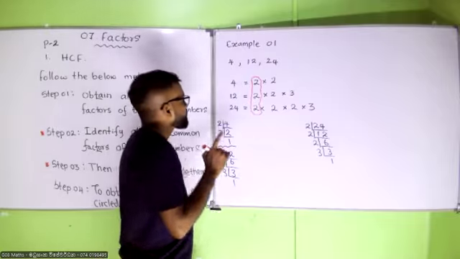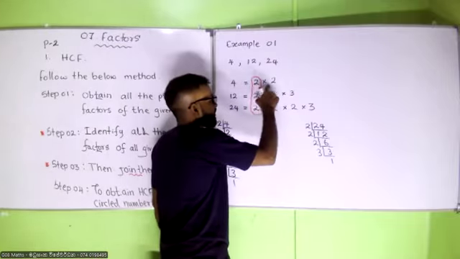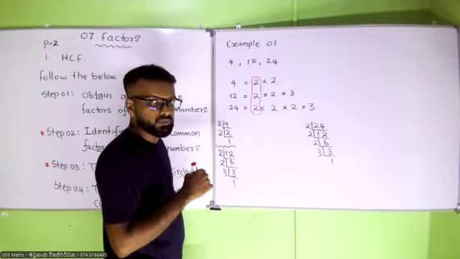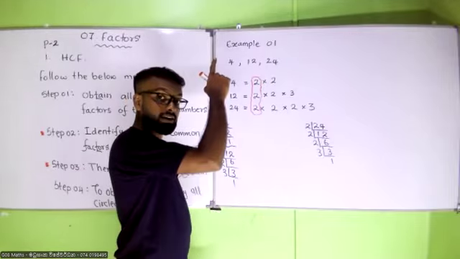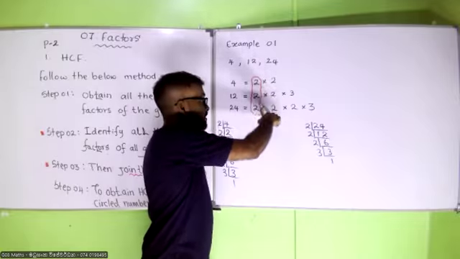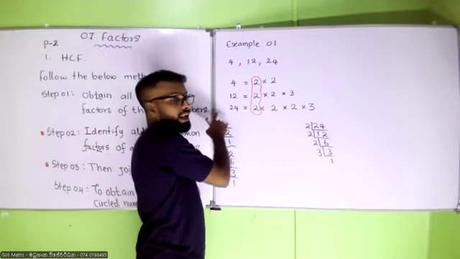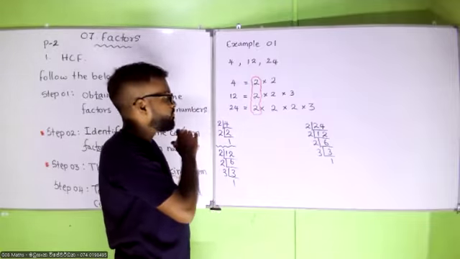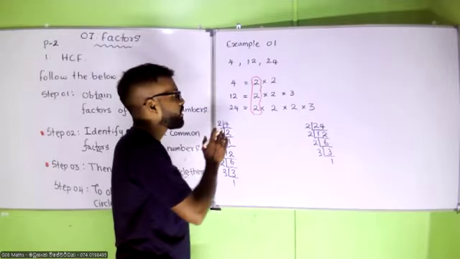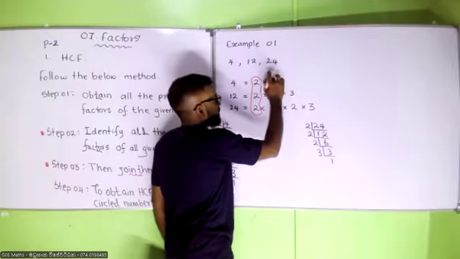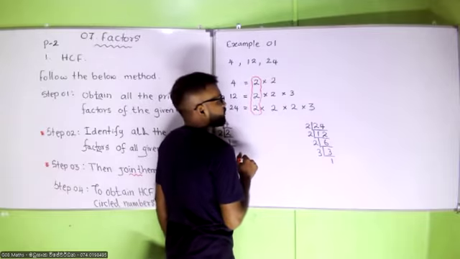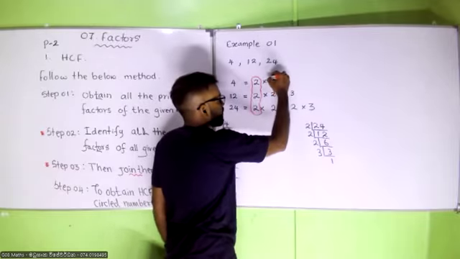Then here I have another factor that is already 2. Do we have another common factor, the same 2 from 12 and 24? Yes, let's check. Here you have number 2, here you have number 2.